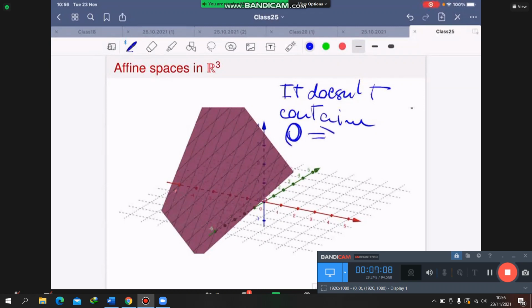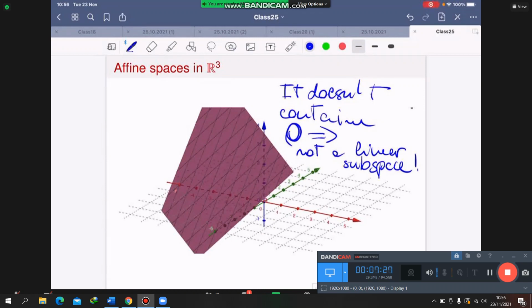So it's not a linear subspace. This is called an affine space.